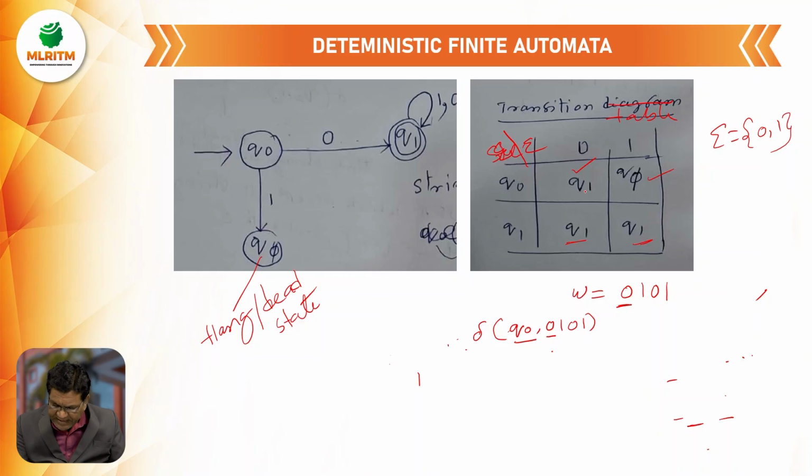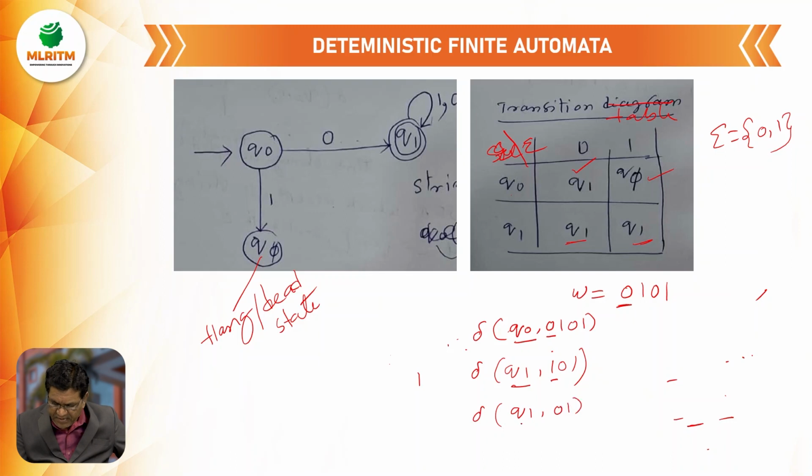Q0 with 0, yes, Q1. See the transition table. Q0 with 0 gives Q1. Then the remaining string is 1, 0, 1. Now the current state is Q1 with the current input 1. Q1 with 1 gives Q1.